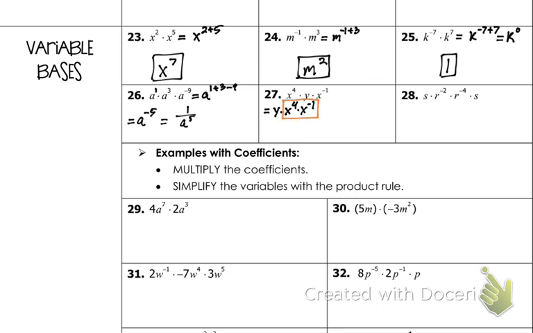I'm just rearranging that multiplication. It's kind of like 2 times 3 is the same thing as 3 times 2. I'm putting together things I can actually multiply. You cannot multiply x times y. It's not going to change. It has to have the same base. It would be x cubed. So we can rewrite this as y times x cubed, or you may have written it as x cubed times y.